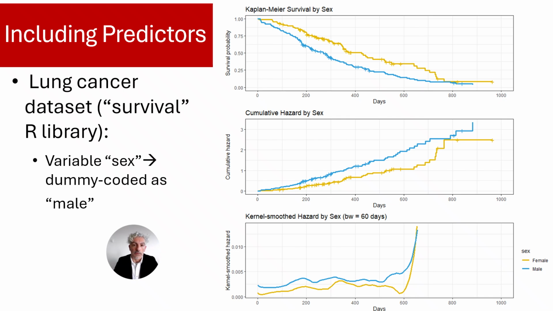in different data sets. But here you can see that the first thing that probably jumps out of these graphs is that male patients have a lower probability of survival across most of the study period. The cumulative hazard function also suggests some acceleration around the first year anniversary, so 365 days.